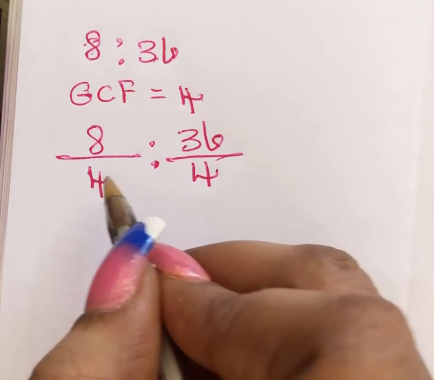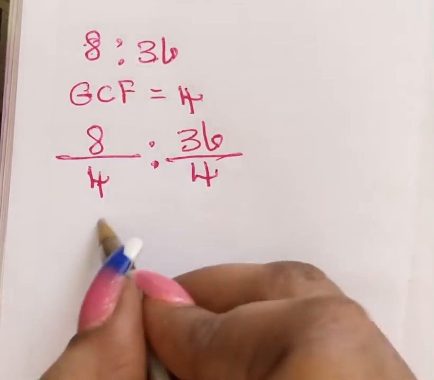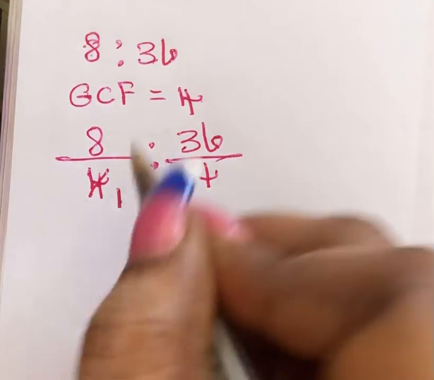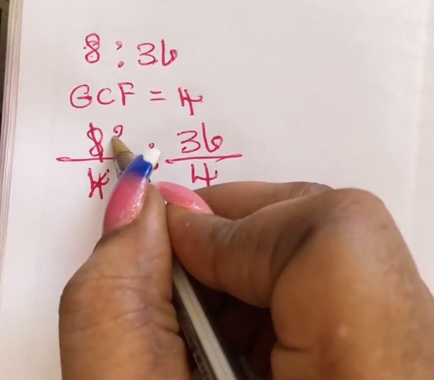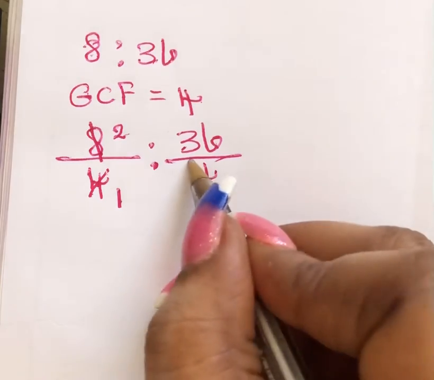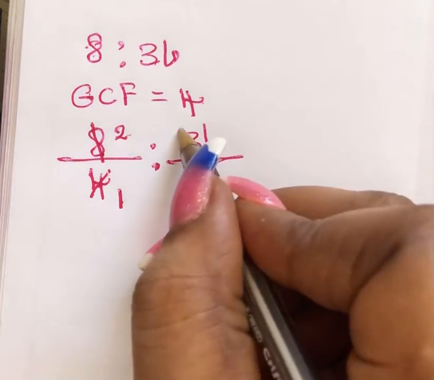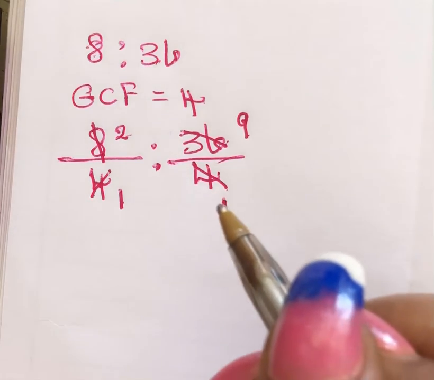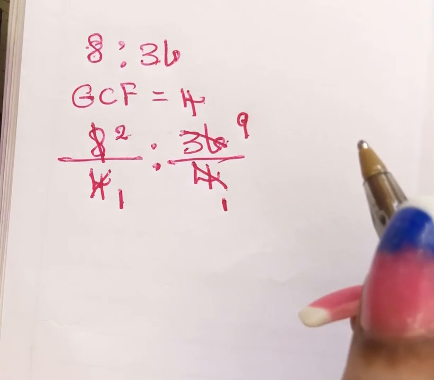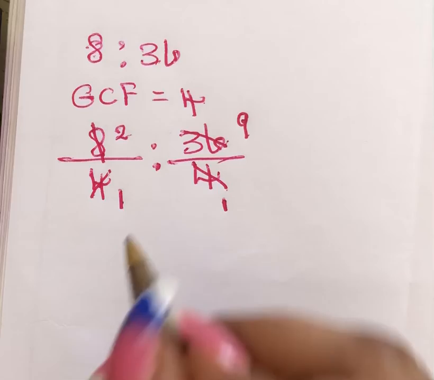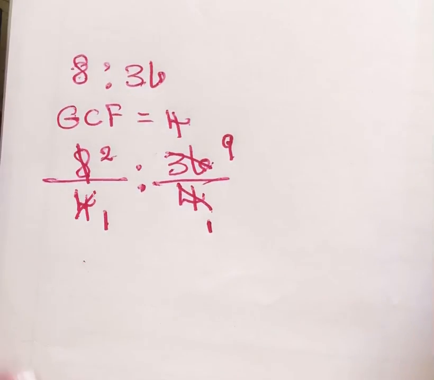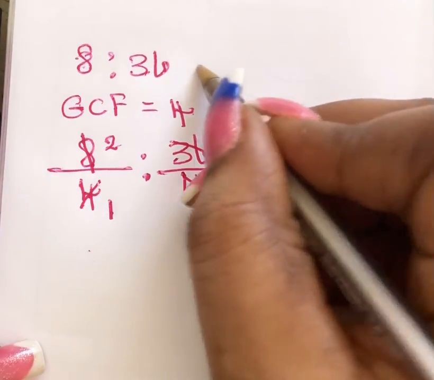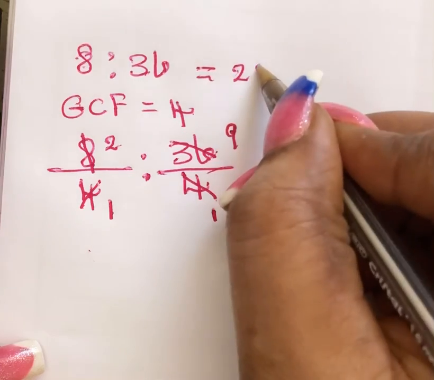So let's go. 4 into 8: 4 into itself once, and 4 goes into 8 2 times. 4 into itself is 1, and 4 into 36 is exactly 9 times. Now I can use 4 because I got 0 remainder in both cases.